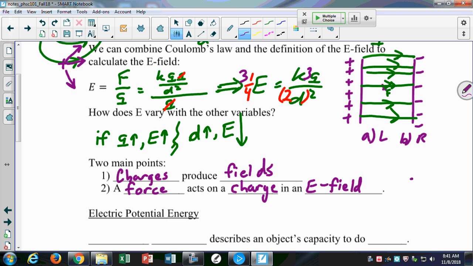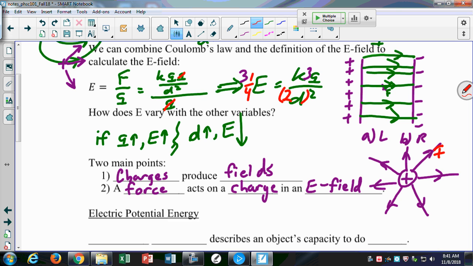So if I have a positive particle here, it creates an electric field. It looks like this, goes out radially in all directions. And then if I put a particle inside of this electric field, it's going to feel a force in the same direction as that electric field. These are sort of the big ideas: charges produce these fields, or really, we use fields to describe the effect of charges on other charges. And then a force acts on a charge in an electric field.